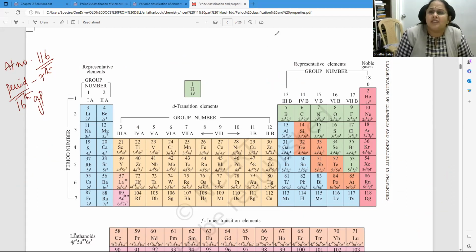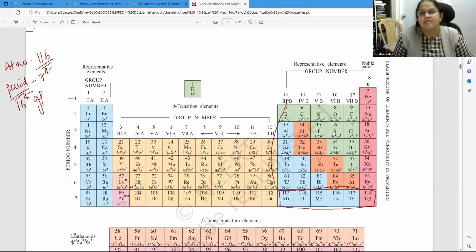Shall I tell you another magic? See these numbers: 113, 114, 115, 116, 117, 118. What are the group numbers? 13, 14, 15, 16, 17, 18.